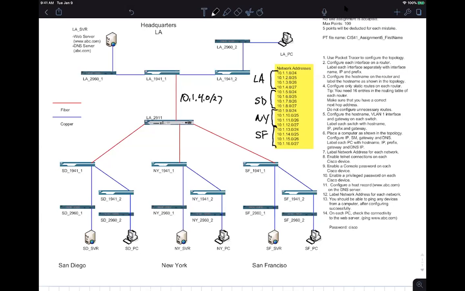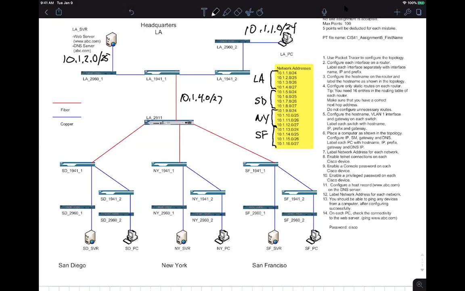Typically, you're going to have more users than servers, right? So let's do it this way then. Let's do the 10.1.1.0/24 for the users, 10.1.2.0/25, we'll use that for the servers.